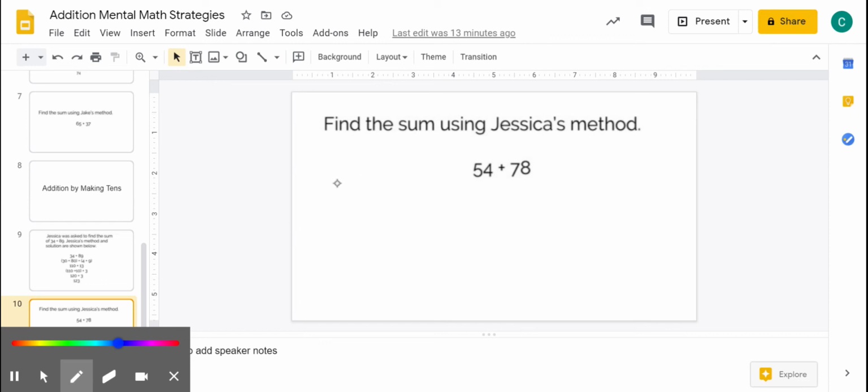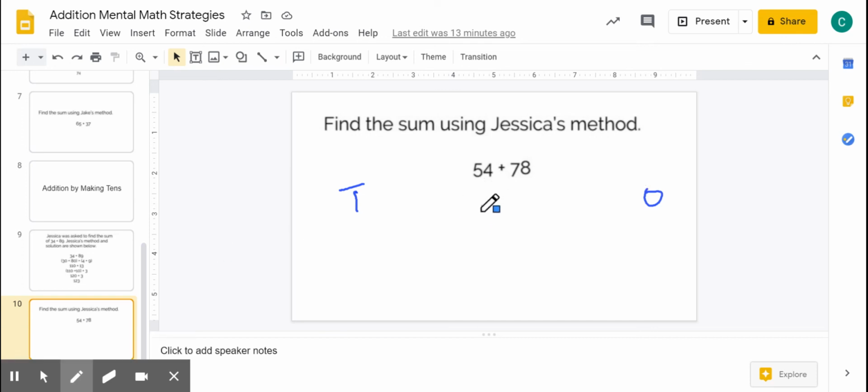So remember, on one side is the expanded form of tens, and on the other side, the expanded form of ones. 54 gives us 50, and I will write my parentheses. 78, 70 comes from 78. Then I am going to write a second parentheses for our leftover ones. 4 plus 8.